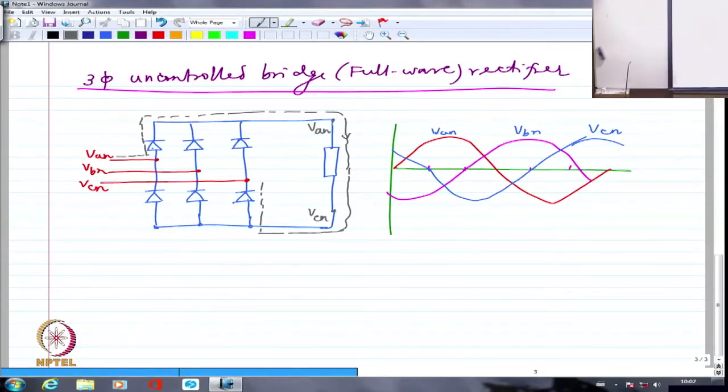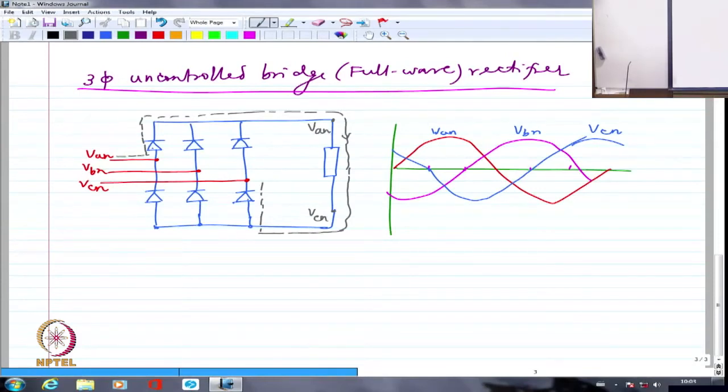Line to line voltages come across the load when I use a bridge rectifier. So bridge rectifier will give me definitely larger amount of output, not just because both positive halves and negative halves will be transported, but also because line voltages appear rather than phase voltages appearing across the load.